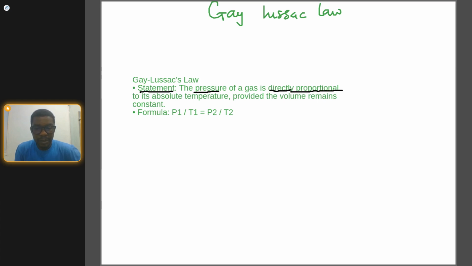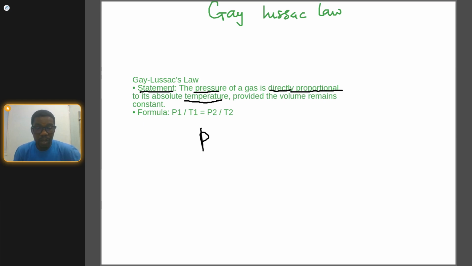When you hear the word absolute temperature, that is the temperature we use under Gay-Lussac's and Charles' law. It cannot be negative; the word absolute tells us that the temperature is a positive value. Of course, you can have a negative temperature, but for this topic the temperature is an absolute, positive temperature.